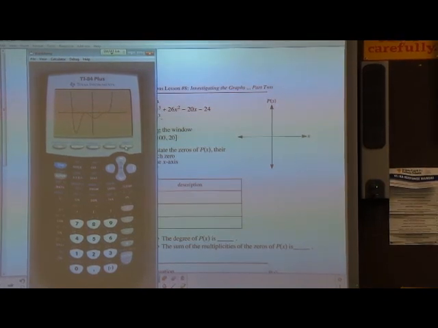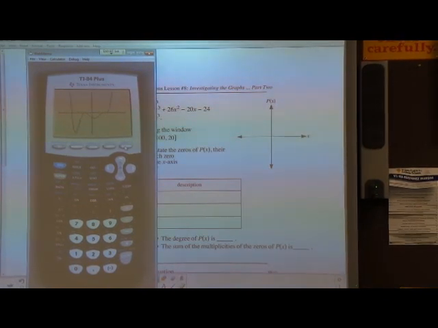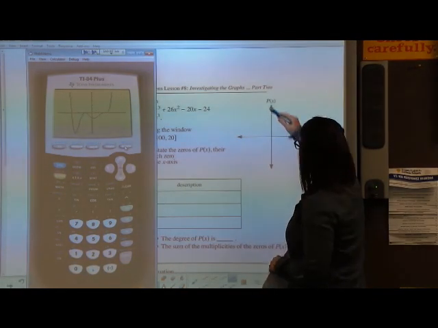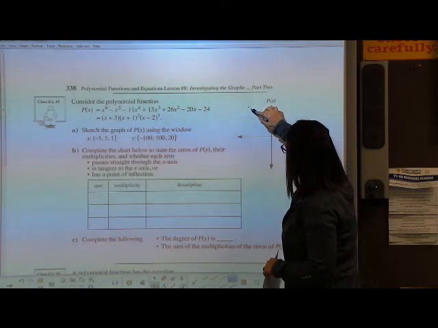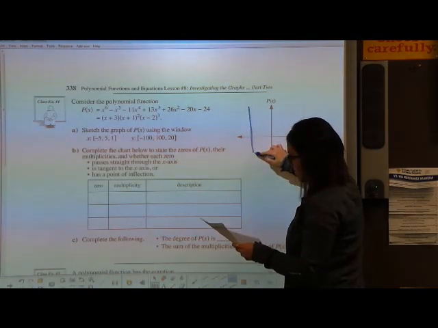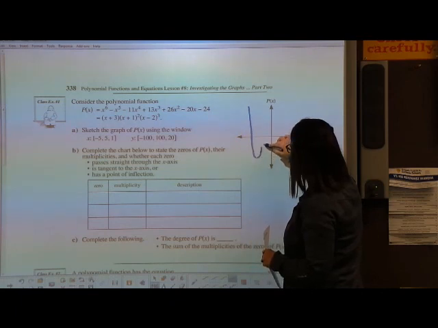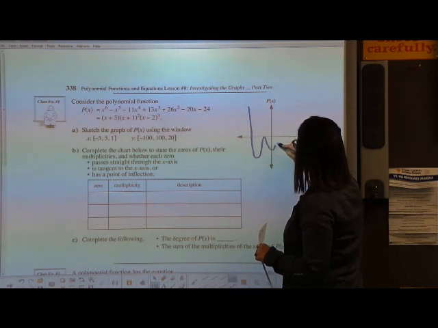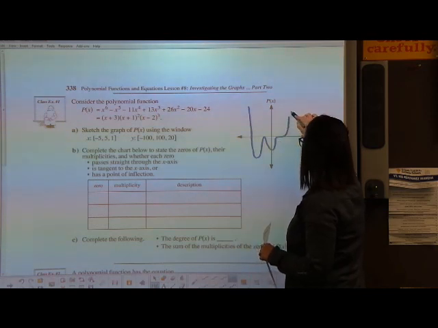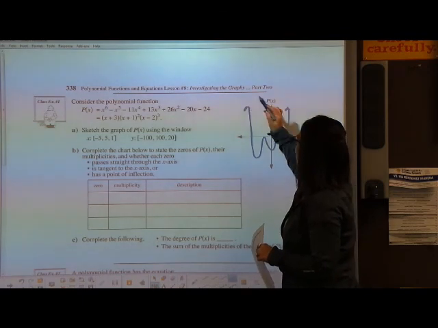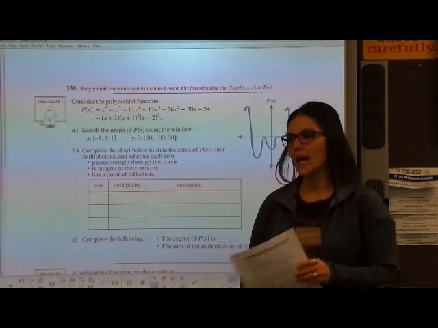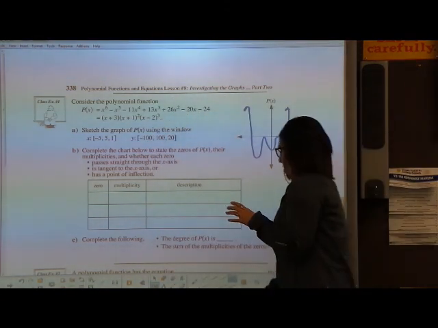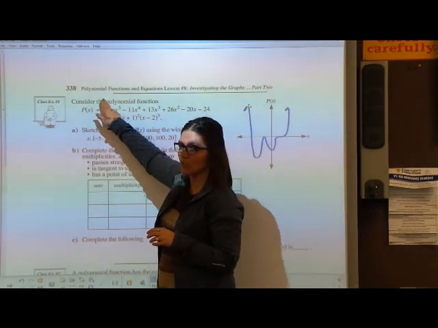When I sketch this equation with my graphing calculator, I have this part of the graph that comes straight through, and then it comes up, touches the x-axis, and then touches the x-axis again in a curved shape. With question number 3, this is an even degree polynomial.